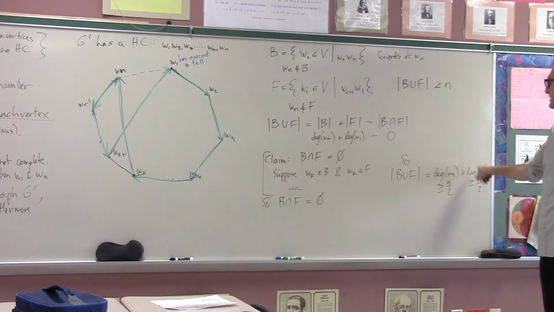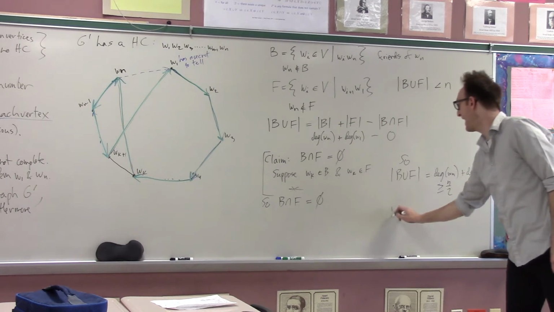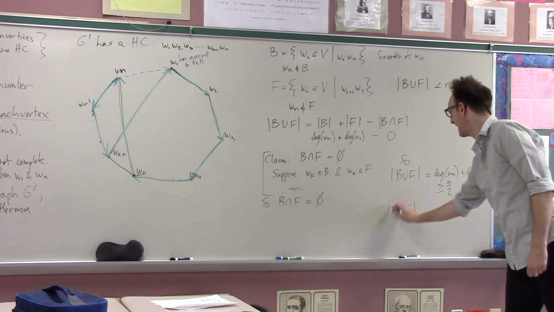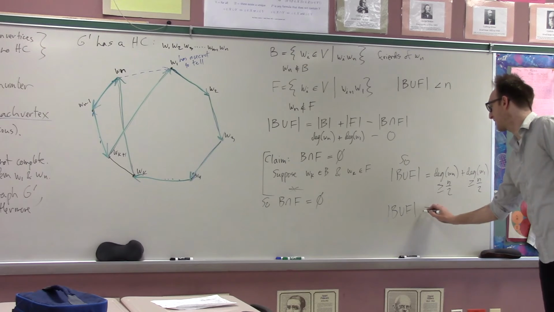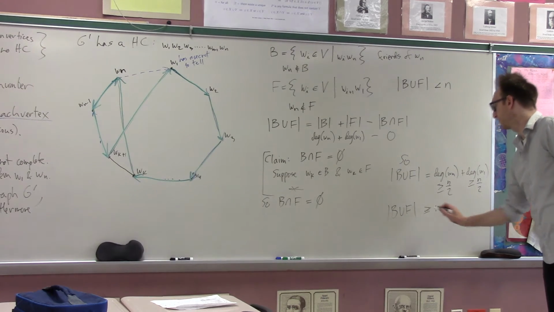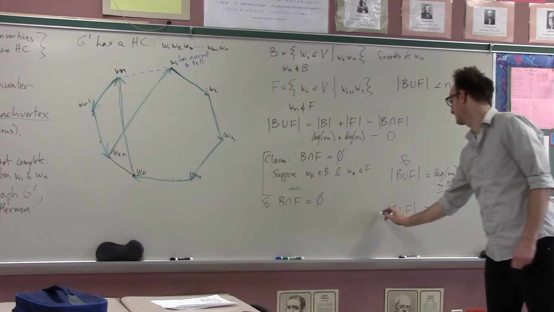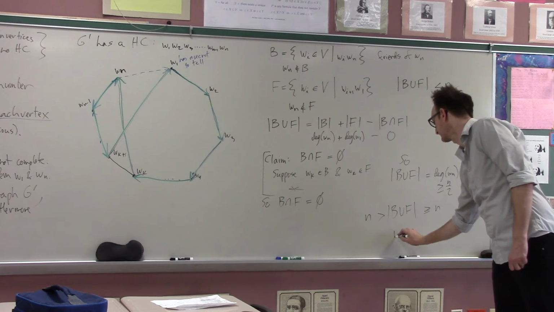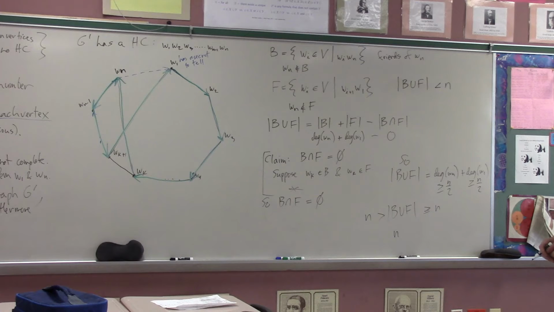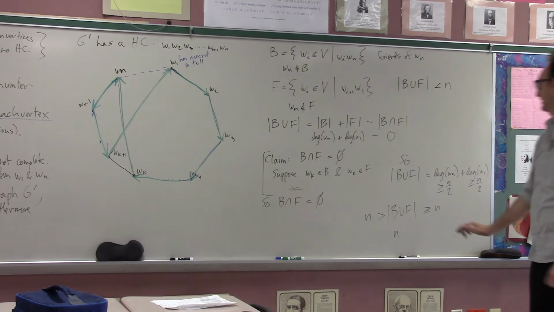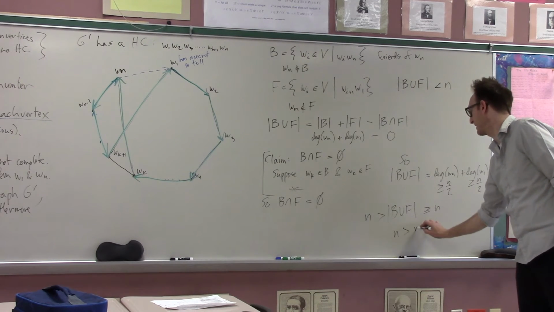So if I add two things together that are greater than or equal to n over 2, this set must be greater than or equal to n. But I also know that it's less than n. Wait, that didn't work. No, it did work. Yes, because n is greater than n.